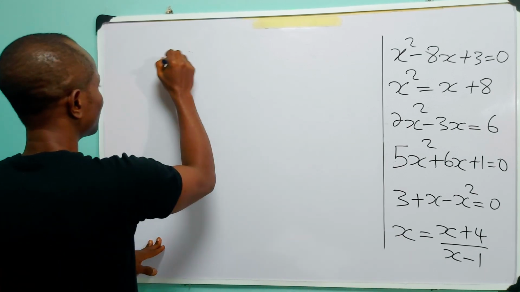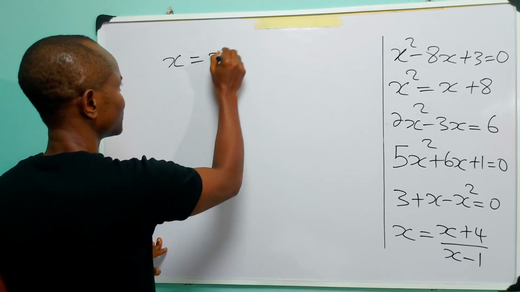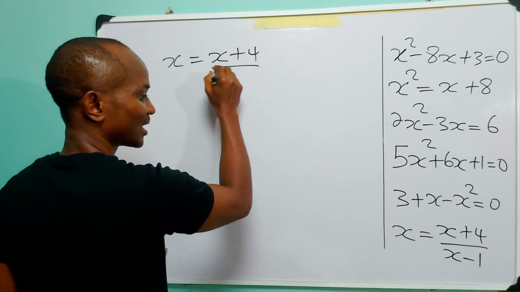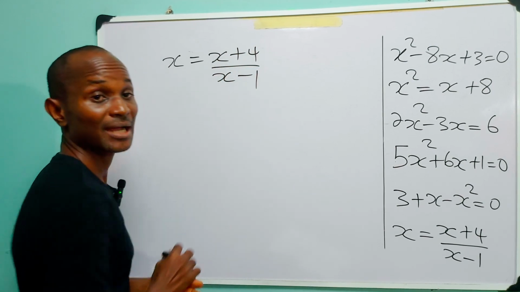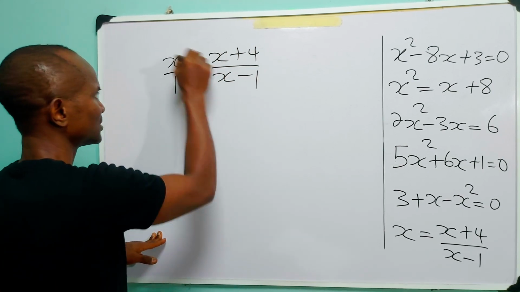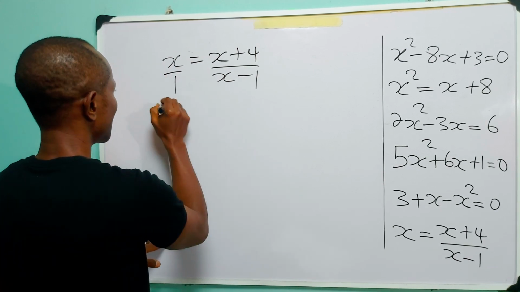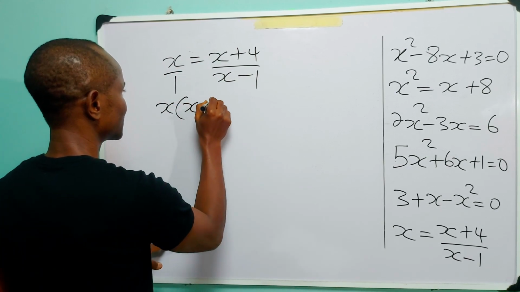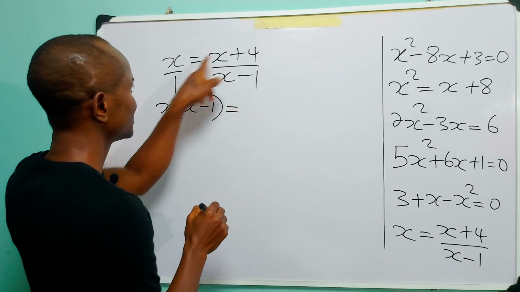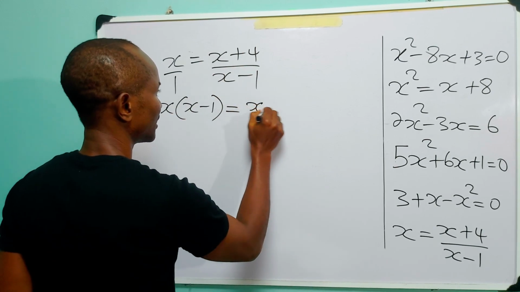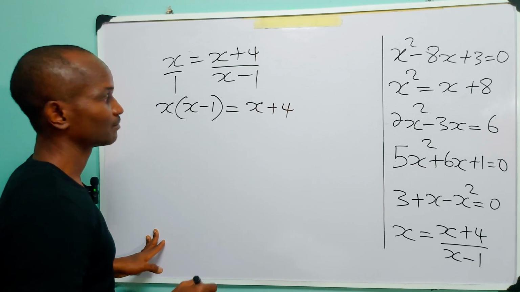So here we have x is equal to x plus 4 divided by x minus 1. The first thing we do is to cross multiply. When you multiply this by this, you have x into x minus 1 is equal to this times this, x plus 4.